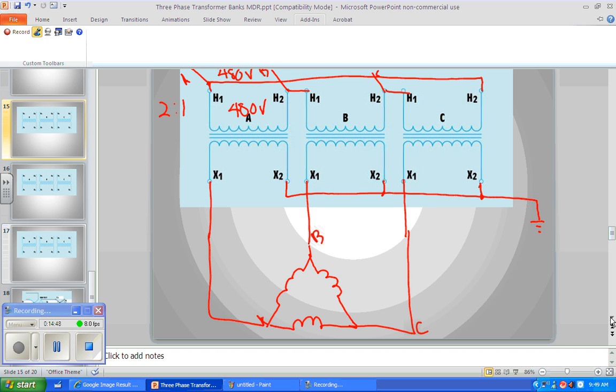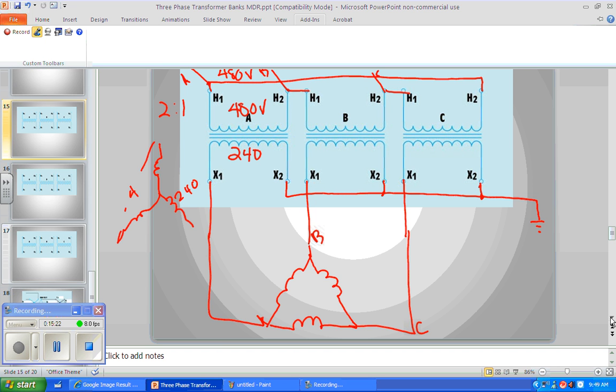So our secondary voltage would be what? 240. Okay, now that is a phase, right? That's a phase, but this is a Y output. Remember, this is a Y output. And if that's true, and we have 240 volts here, what is our line voltage? 240 times square root of 3 is 415 volts.